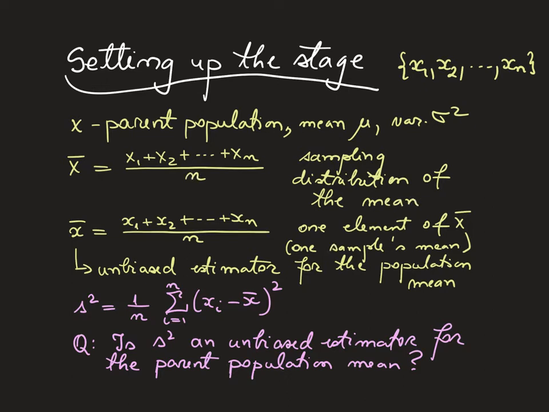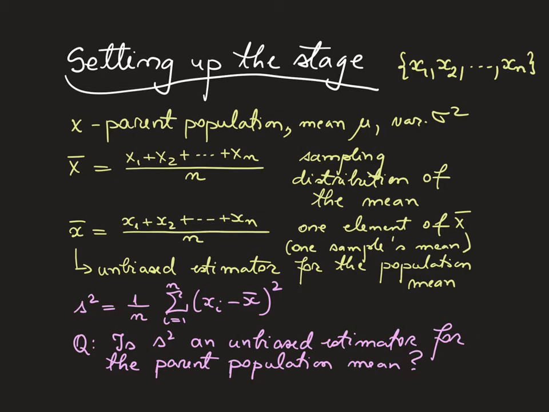One element of this population is x small bar, which is a sample mean. We also saw how this one is an unbiased estimator for the population mean, meaning that if you take one sample of size n and you calculate its mean, you can use that number to estimate fairly confidently the population mean.